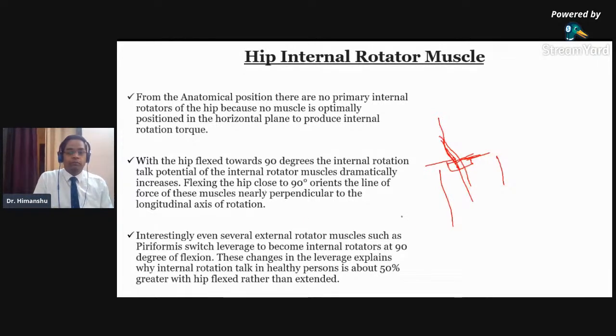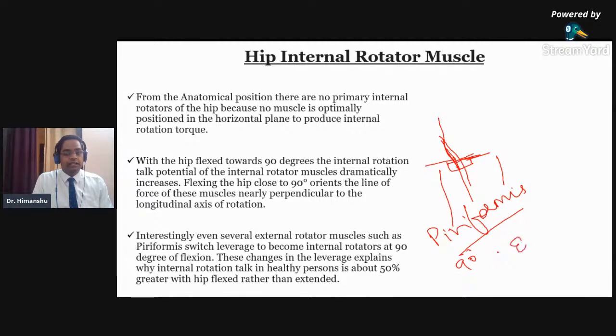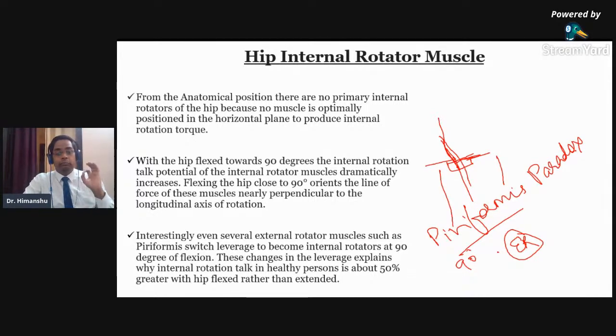So piriformis is one muscle that works as an internal rotator when your hip is flexed at 90 degrees, and when it is at neutral or in extension, it works as an external rotator. This phenomenon is also known as the piriformis paradox. It means it works both as an internal rotator and an external rotator. So it is a very different and much discussed work done by the piriformis muscle.